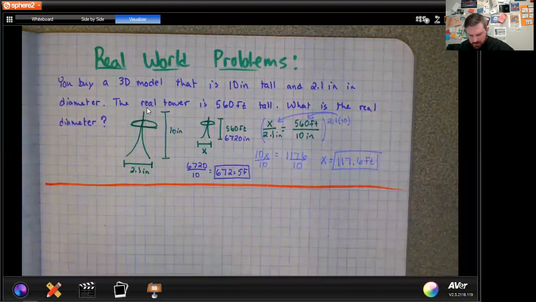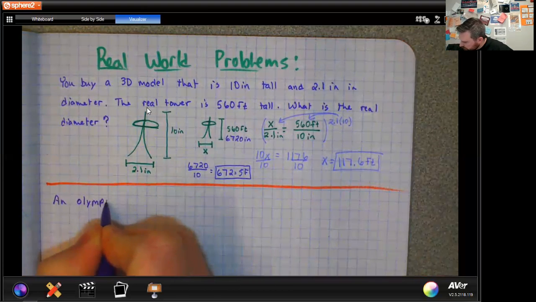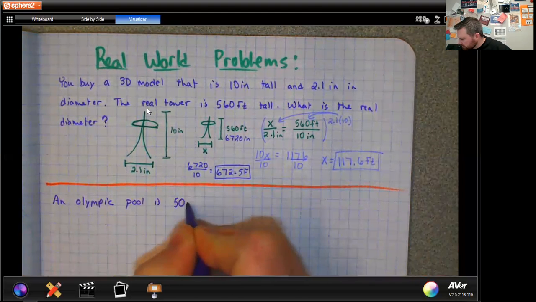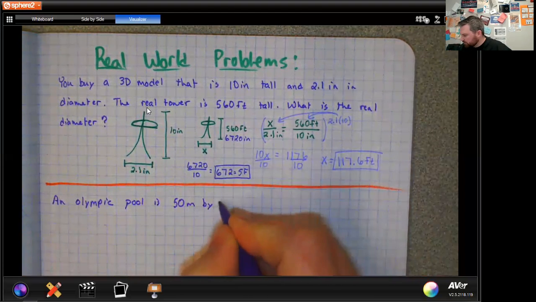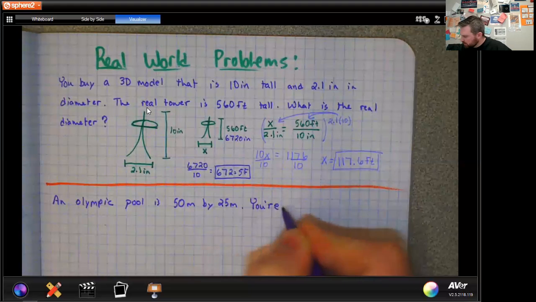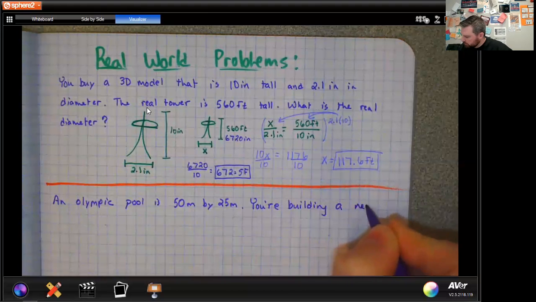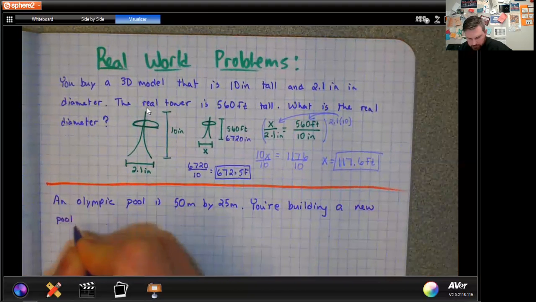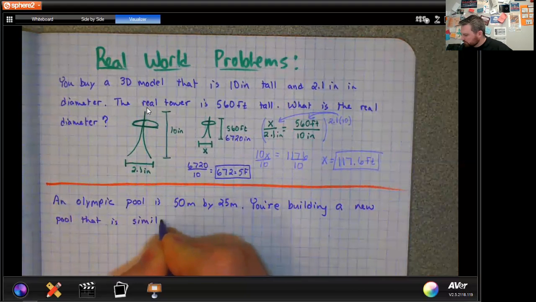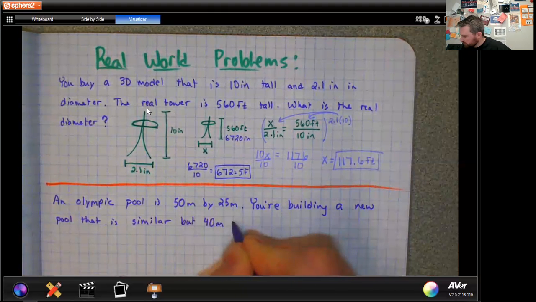The next one says an Olympic pool is 50 meters by 25 meters. You're building a new pool that is similar but 40 meters long.